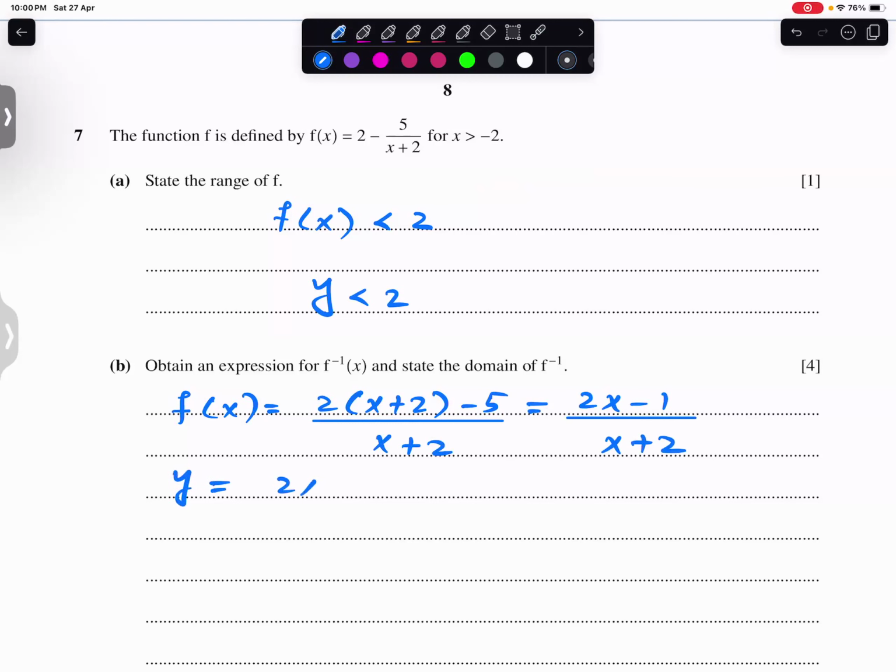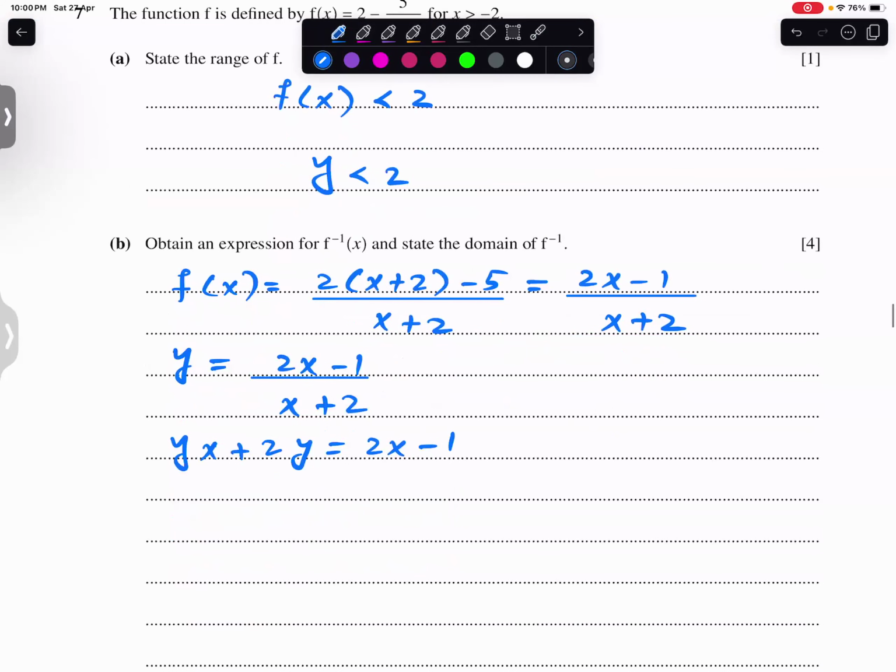So y is equal to 2x minus 1 over x plus 2. So yx plus 2y is equal to 2x minus 1. Bring x on the left side to make it common. So x times y minus 2 is equal to minus 2y minus 1. So x is equal to minus 2y minus 1 over y minus 2.